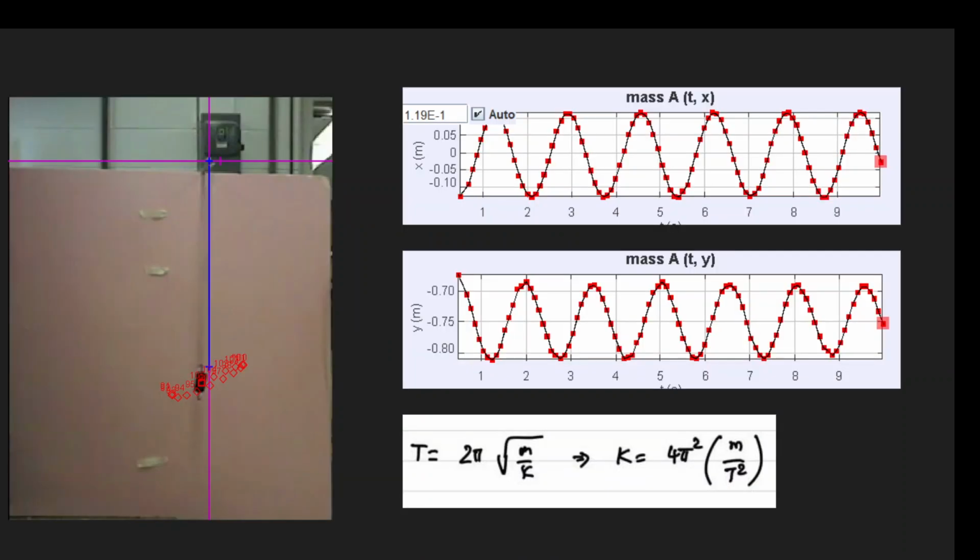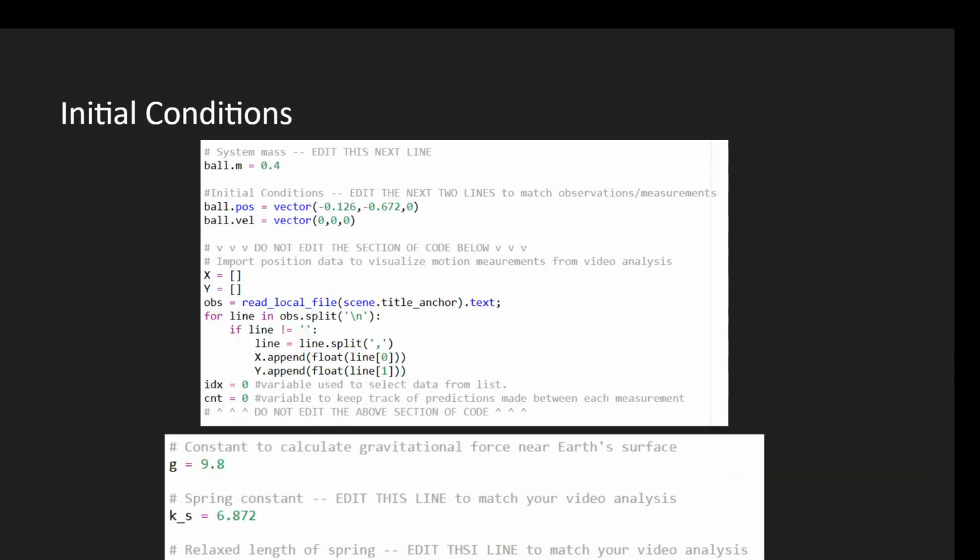So I have used Tracker to track all of my motions of the experiment, and then to calculate the oscillations, I use T equals 2 pi square root of m over k, and that is how I can find k equals 4 pi squared multiplied by m over T squared.